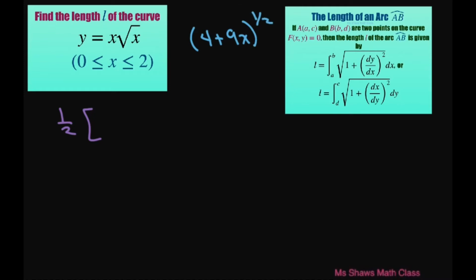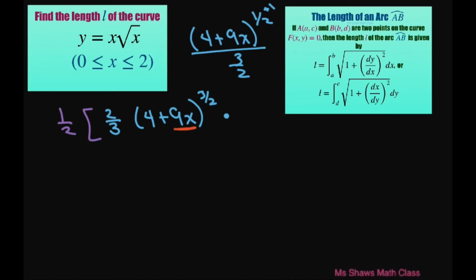So this is going to give you, when you add 1, 2/3 times 4 plus 9x to the power of 3/2. So basically you're adding 1 here, which is 3/2. You divide by 3/2. That gives you the 2/3. And then you have to multiply this by 1 divided by 9. All right. And then we're evaluating this from 0 to 2.